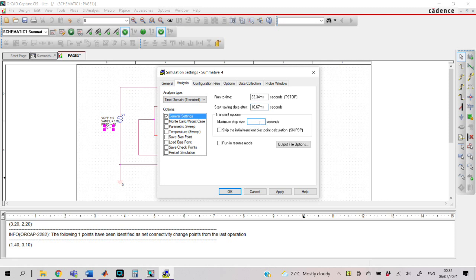And its maximum step size is 10 microseconds. So we will click OK.